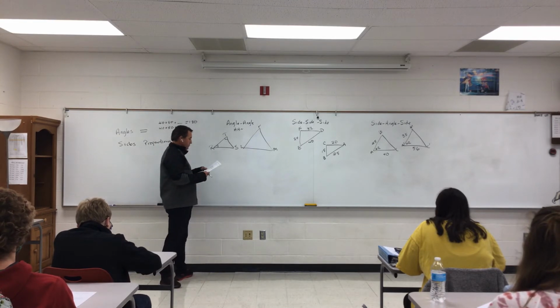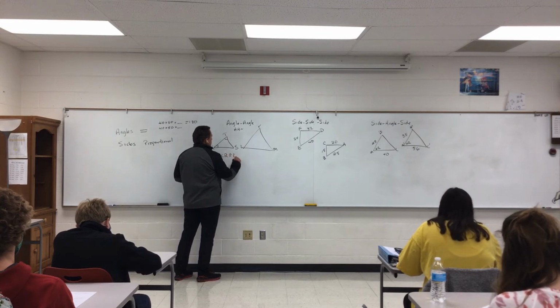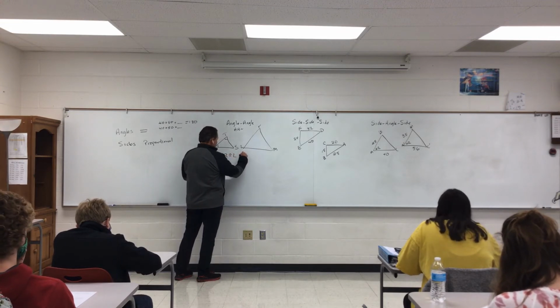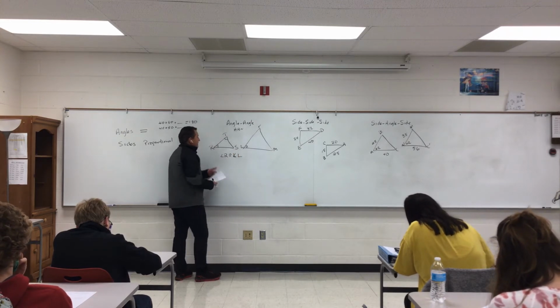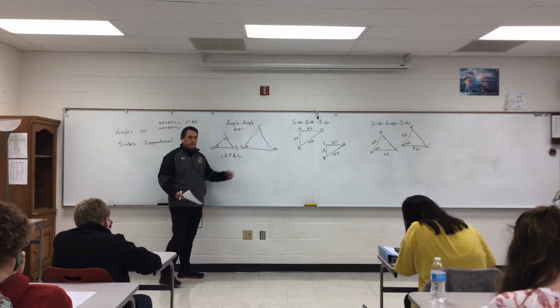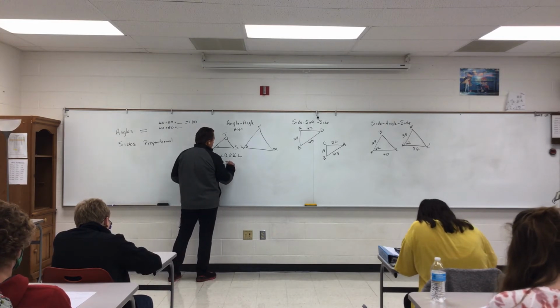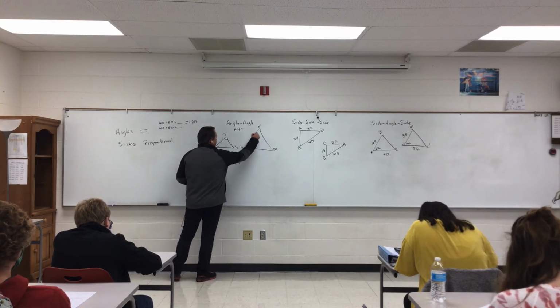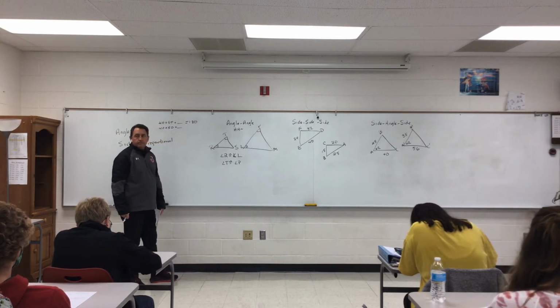So if we look at our example, we have angle R is congruent to angle L. The reason we know that is because they put 2 marks and 2 marks. We know that angle T is congruent to angle P, because they put single marks on that one.